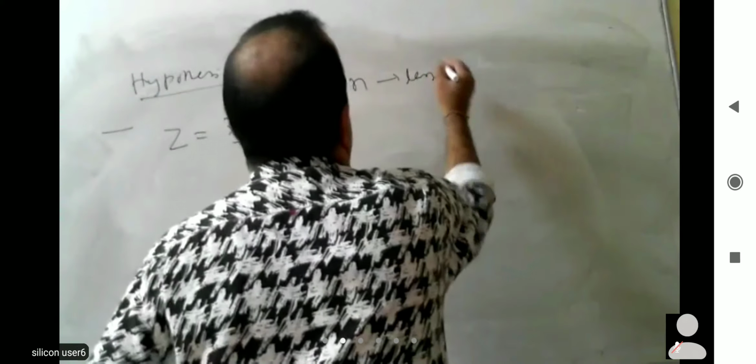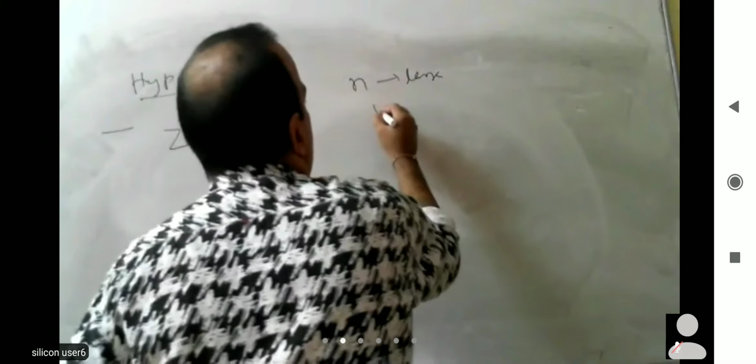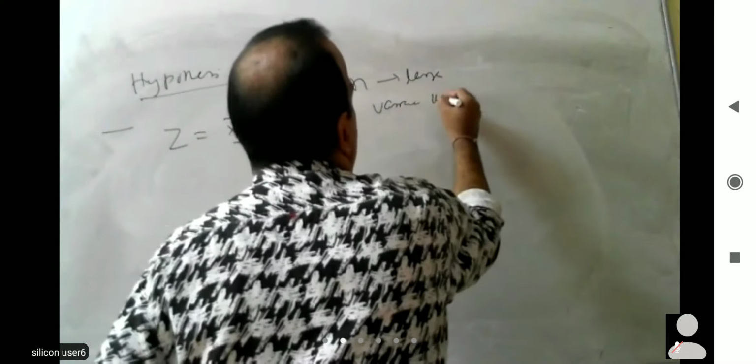So if n is large and the population variance is known, then for testing the hypothesis we use this formula.